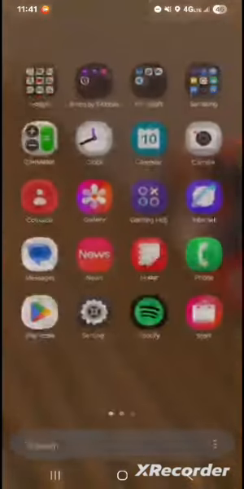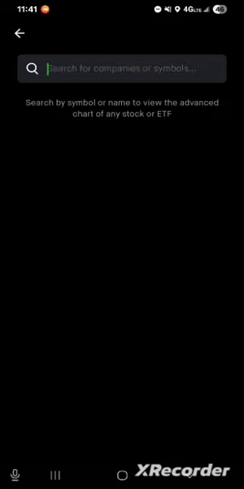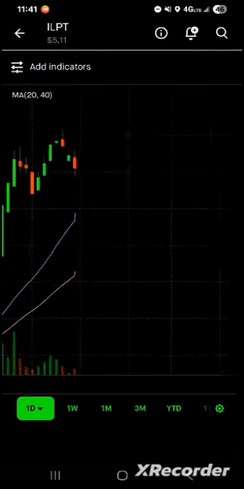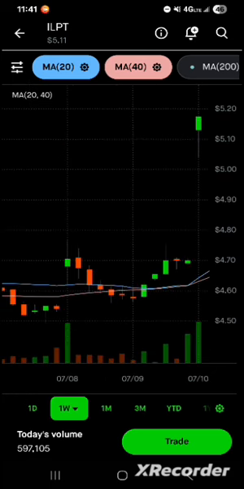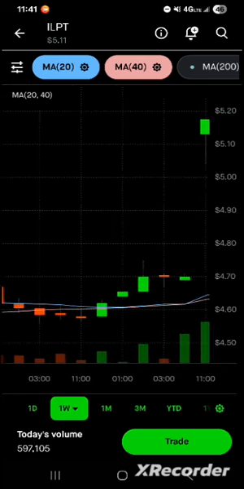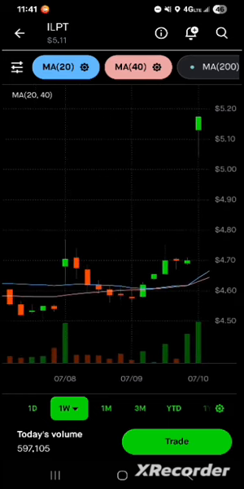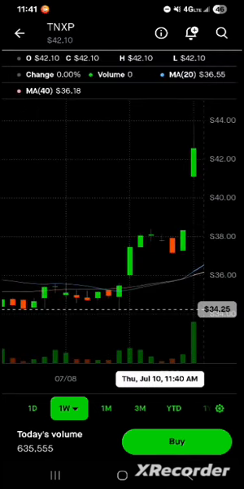ILPT. Once again, very narrow, but low trading volume. So what the volume represents, we'll go back to TNXP, for example.